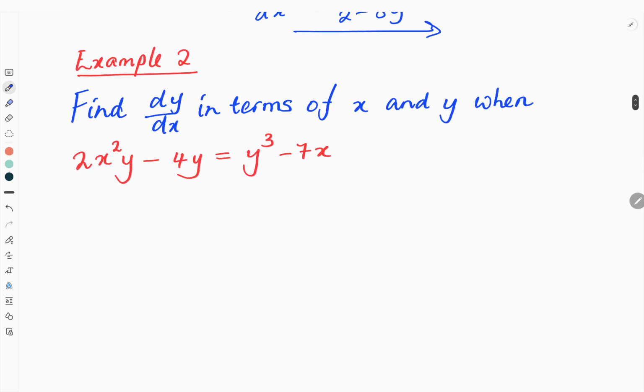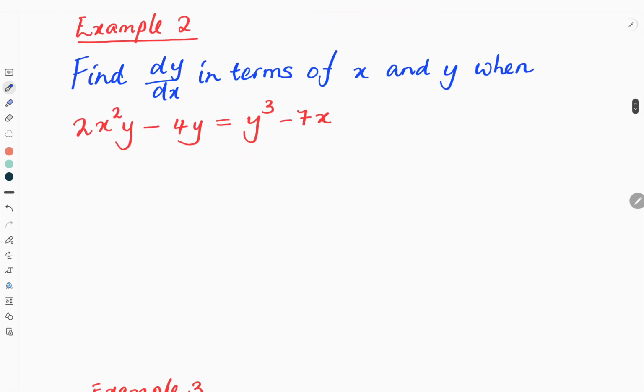Then in example number 2, we are asked to determine dy dx in terms of x and y when 2x squared y minus 4y is equal to y cubed minus 7x. Bear in mind here we've got a product. This is also an implicit function because it's not only explicitly in terms of y or in terms of x. And we have got a product here, so we need to use our product rule.